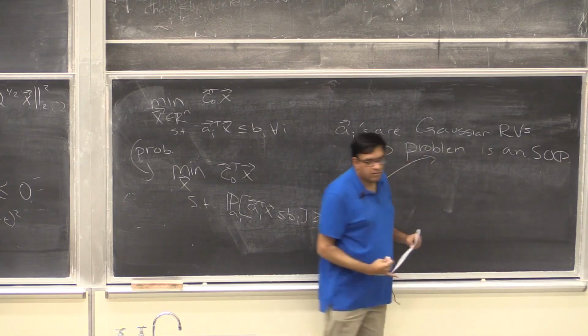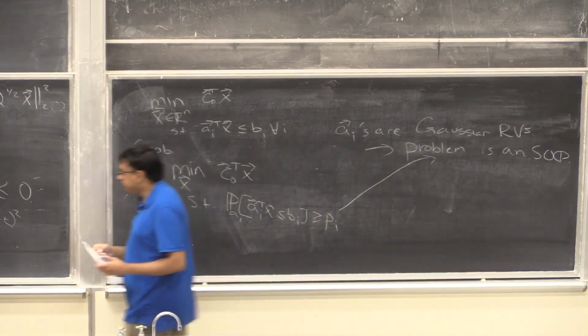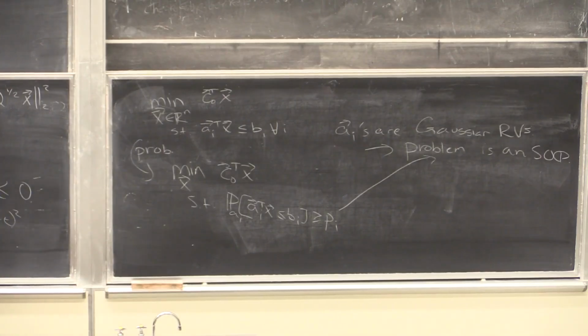So if you want to solve problems with robust constraints, like probabilistic constraints, you have to use SOCPs at the very least. And I think I'm out of time, but thanks for coming.